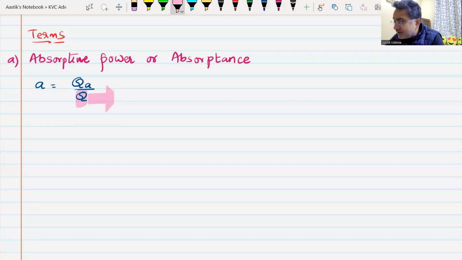Q is the total radiation that is falling on the body.